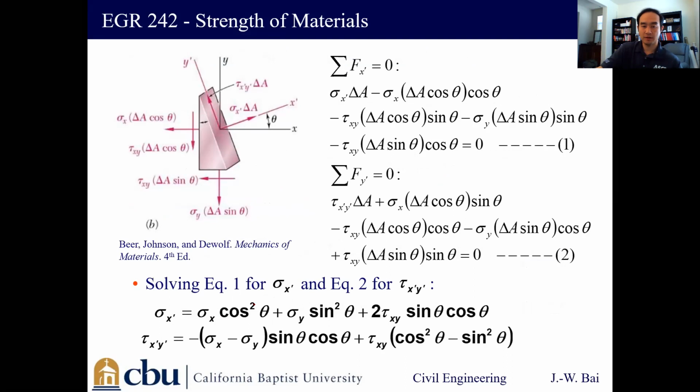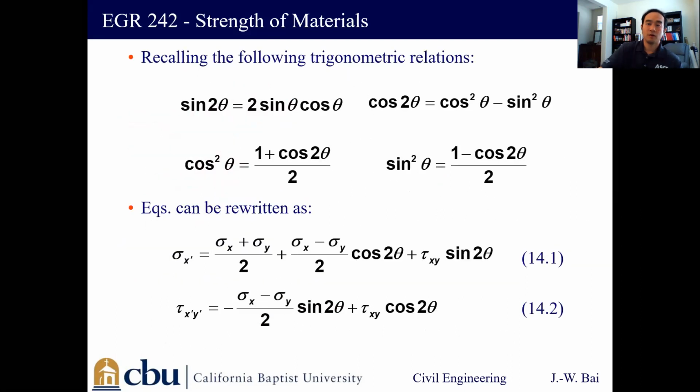For example, cosine square plus sine square is there. So we can combine these two together and find the simplified equations as this. This is for sigma x prime, and this is for tau x prime y prime.